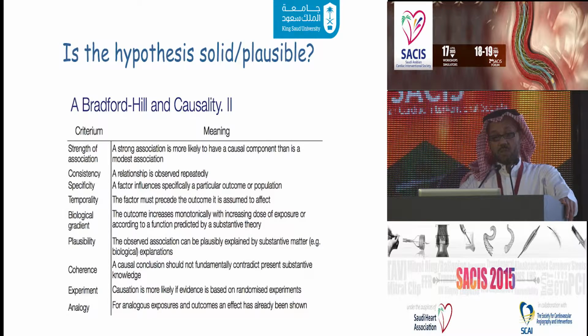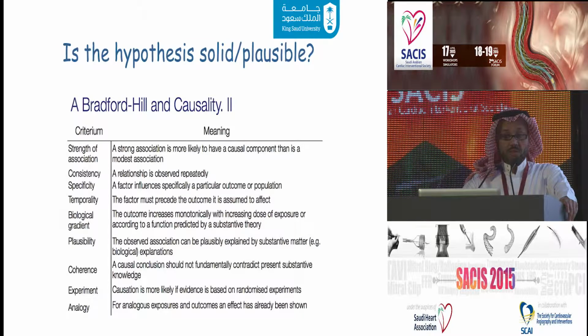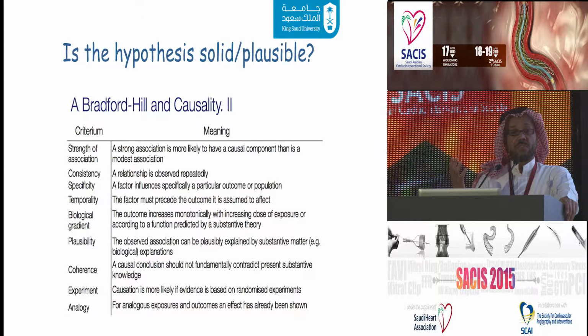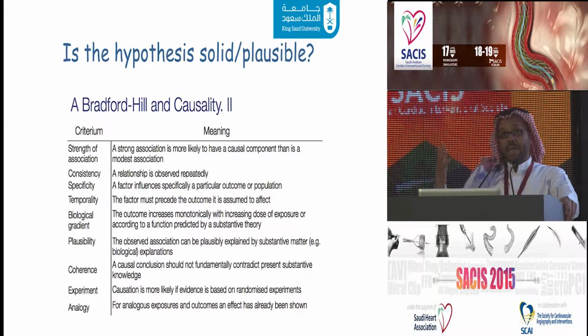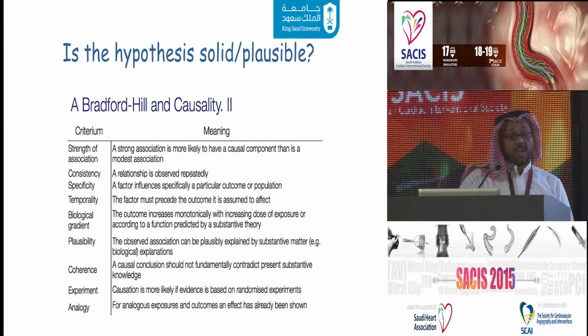So quickly, you look at the strength of association. If there is a strong association between a factor and an outcome, then this is more likely to be a causal relationship. If there is consistency in the body of evidence, this also supports the notion that this hypothesis is sound and solid.